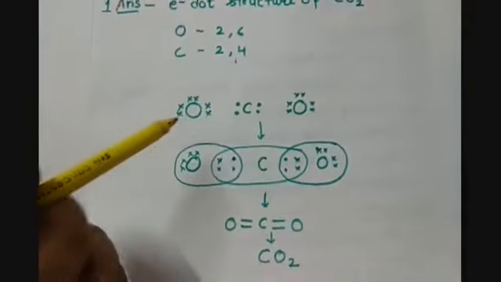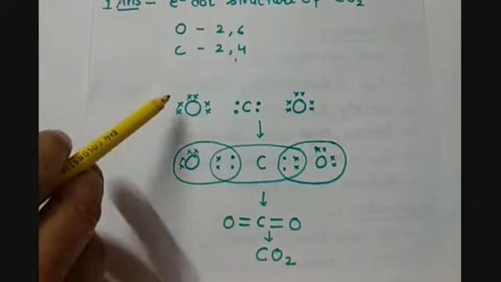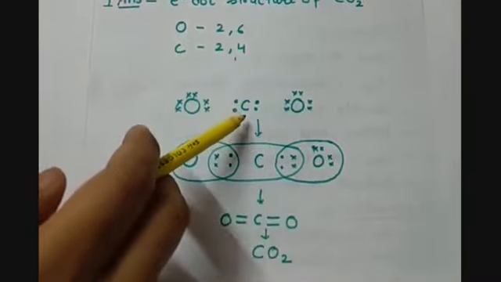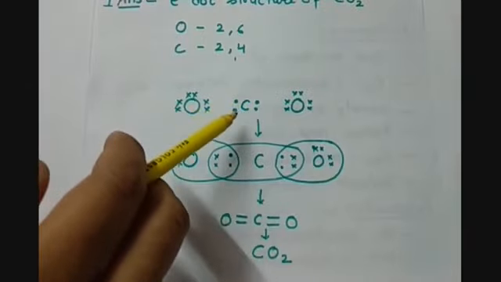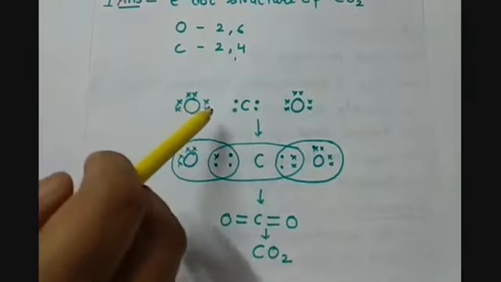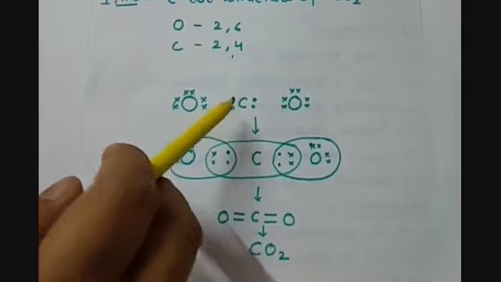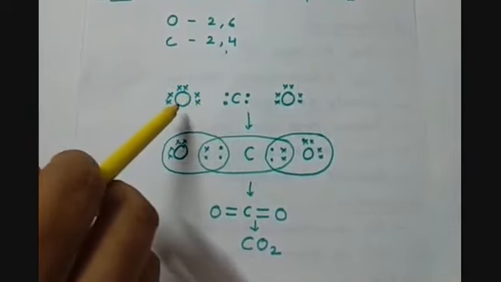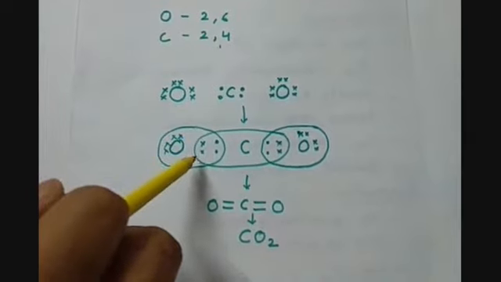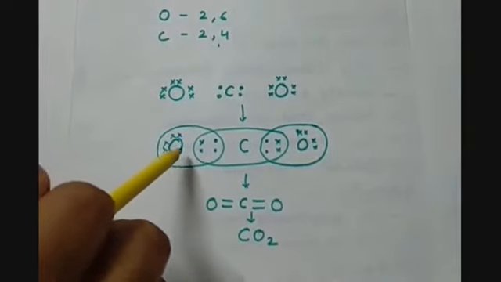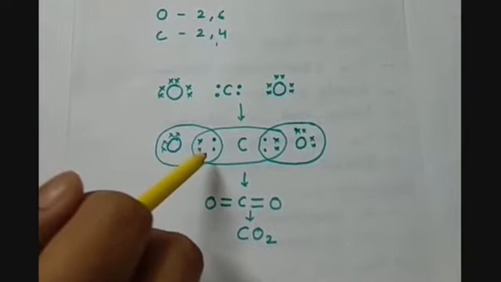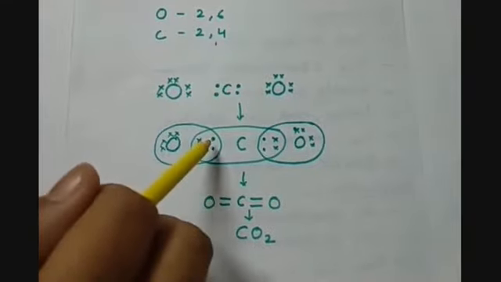So we have oxygen valence electrons represented by the cross marks and carbon valence electrons represented by the dots. So carbon can mutually share 2 electrons with 1 oxygen this way, and oxygen can share its 2 electrons in the covalent bond so that it can complete its octet.